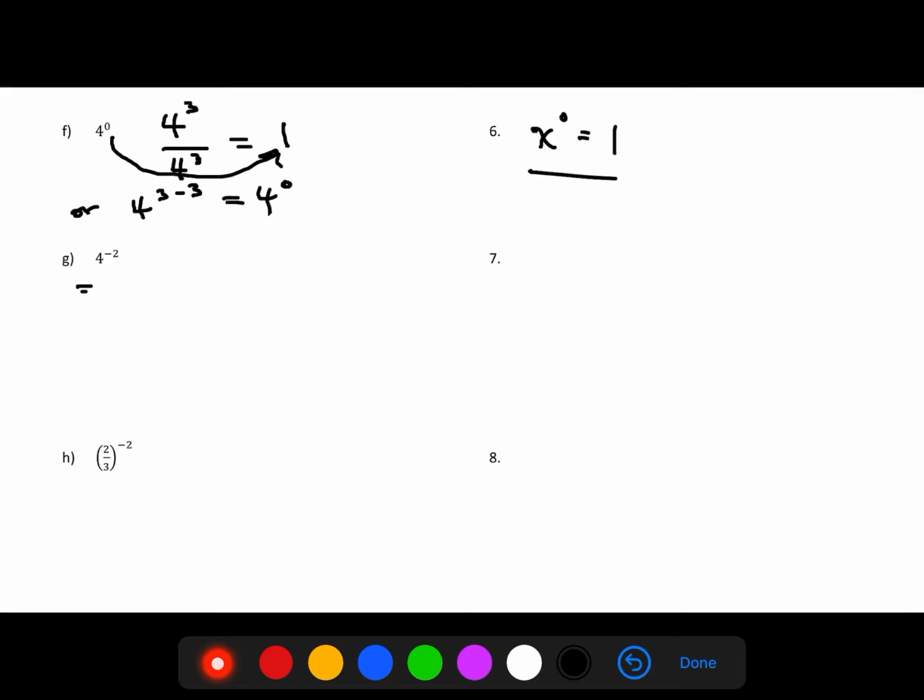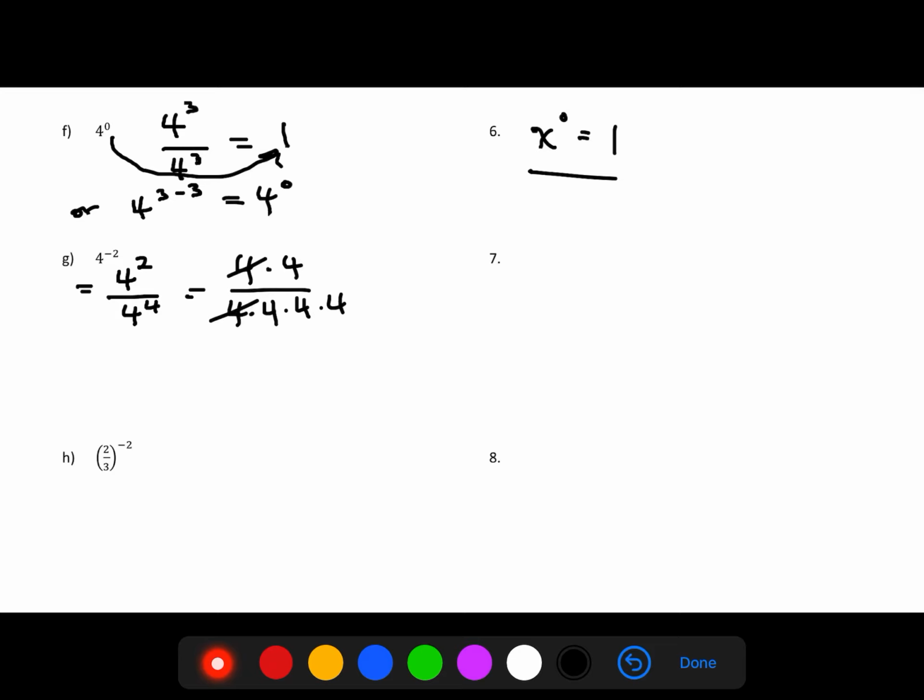Now, if we had 4 to the negative 2, we could have had a question of 4 to the power of 2 over 4 to the power of 4, which we can look at as 4 times 4 over 4 times 4 times 4 times 4.